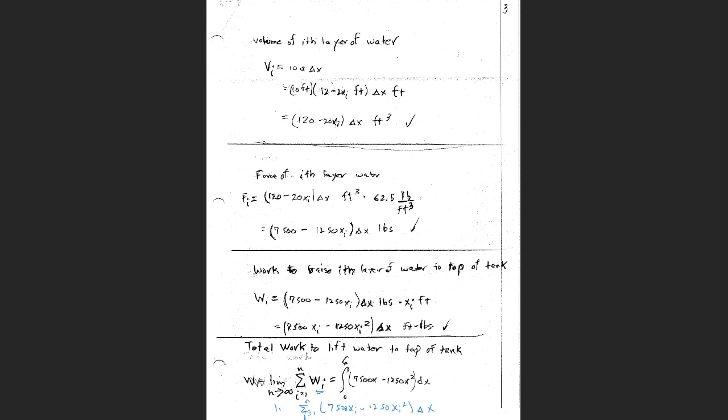And we're taking the limit of that as n approaches infinity. But then this here is going to become an integral, where your integrand is 7,500x minus 1,250x squared. And the limits go from 0 to 6.